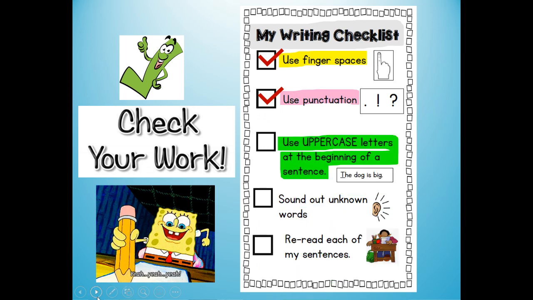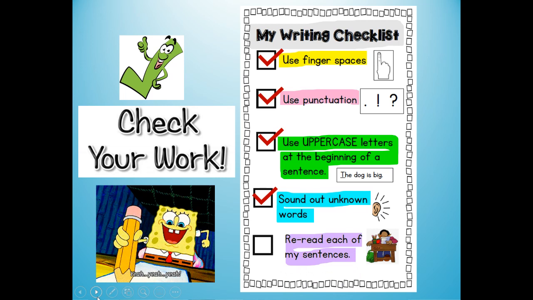Did you use uppercase letters at the beginning of your sentences? Did you sound out unknown words or write the sounds you hear? And then my favorite, reread each of your sentences. So if you need to push pause, make sure you have these things in your writing, make your corrections, and when you're done, push play.